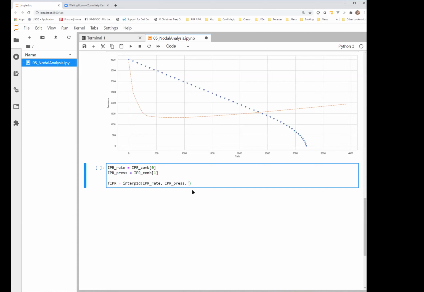There are many arguments there, but one of them is the type of interpolation that you want. Remember, interpolation normally takes place between the two nearest points. In this case, linear may work, but if you want to make sure that it's working anytime, I would suggest going to cubic.